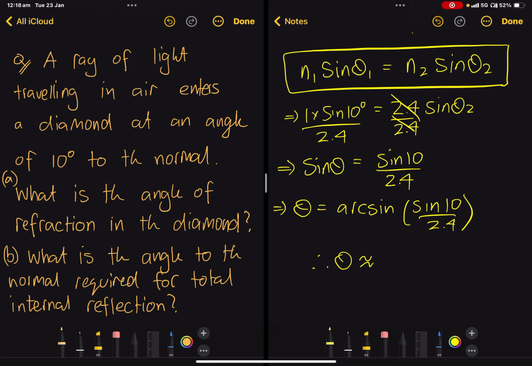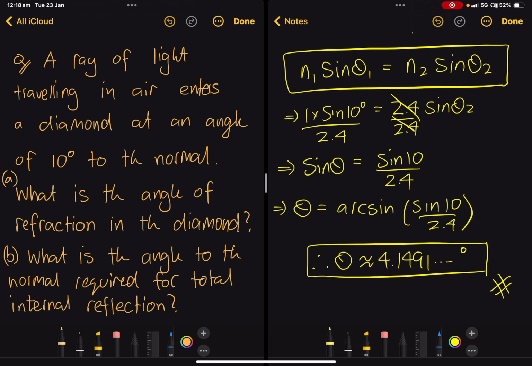We have shift sine, which is arc sine, of the fraction sine of 10 degrees divided by 2.4. My calculator tells me that this is 4.1491, and that is in degrees. So the angle of refraction in the diamond is about 4.14 degrees, and this is the answer to our first question.